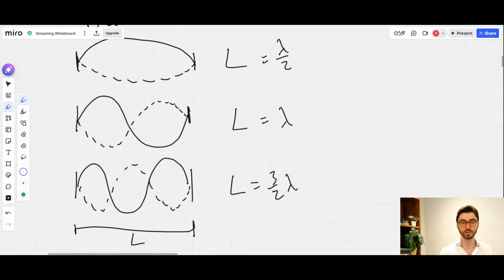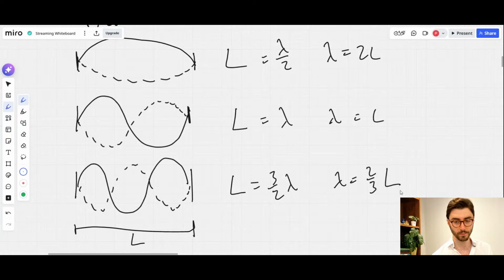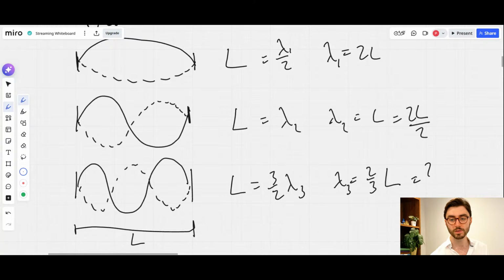And we can rearrange that to find what the wavelength is. So lambda equals 2L, lambda equals L, lambda equals 2/3 L. And these are the different harmonics. So this is the first harmonic, second harmonic, third harmonic. And we can see this relationship where this is equal to 2L/2, this is equal to 2L/3.